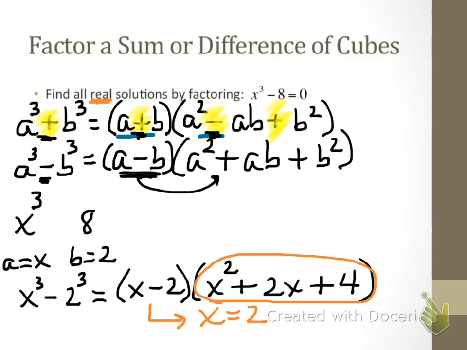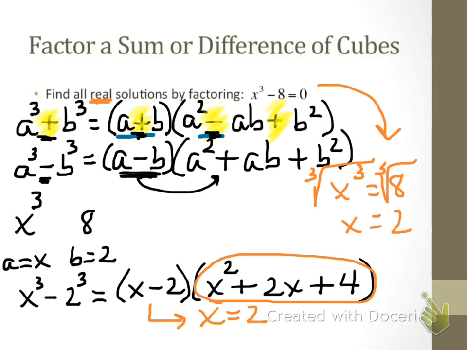Now you could kind of see this if you used roots. I could have just said x cubed equals 8 by adding 8 to both sides. And then when I took the cube root, I would see that x equals 2. So I get a matching answer.